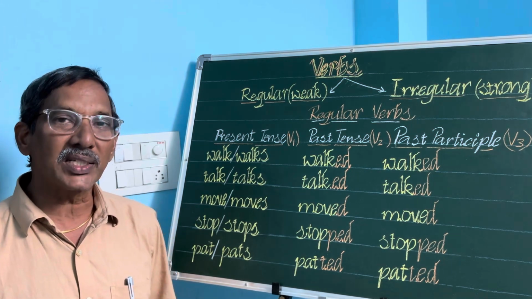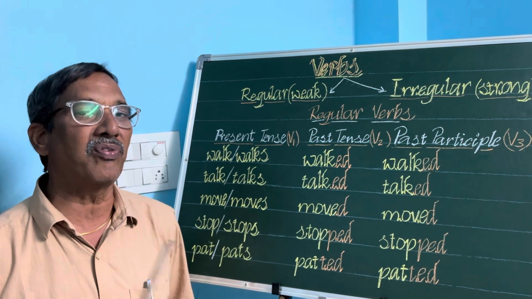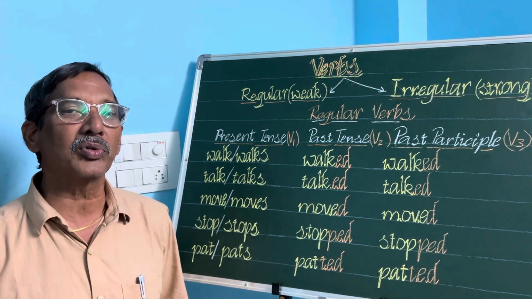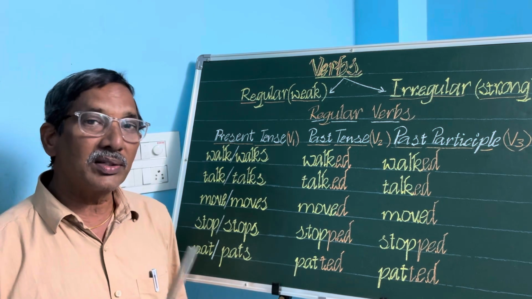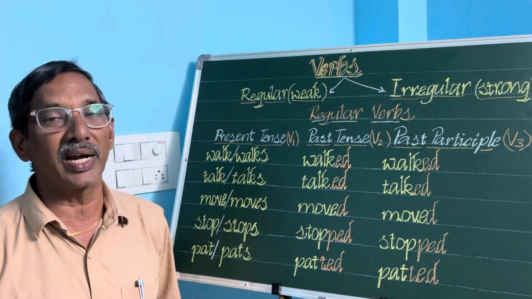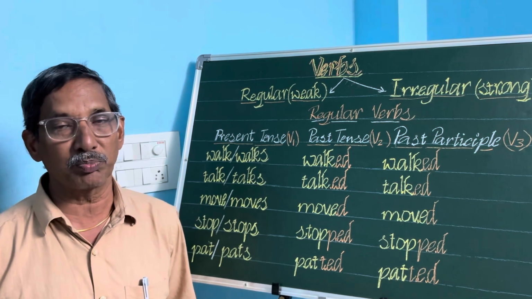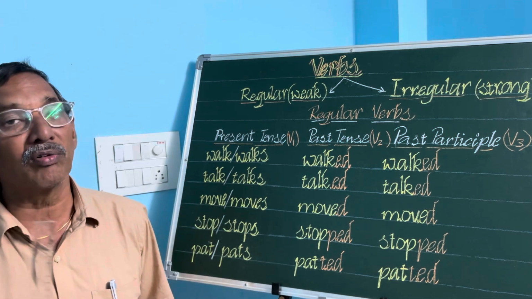verbs whose past tense and past participle are different forms. So we have to study each and every verb to know what the past tense is and what the past participle is. But this is not the case with regular verbs.